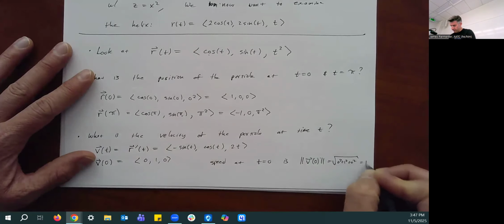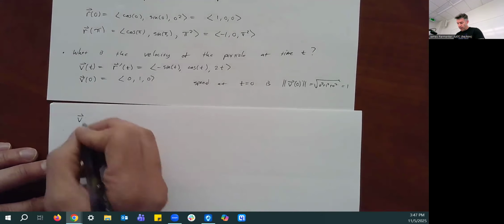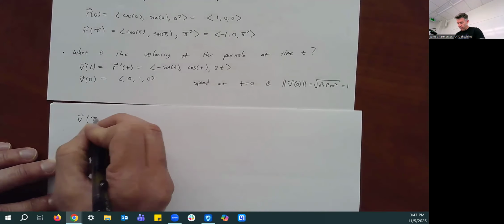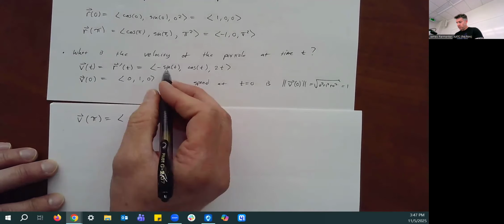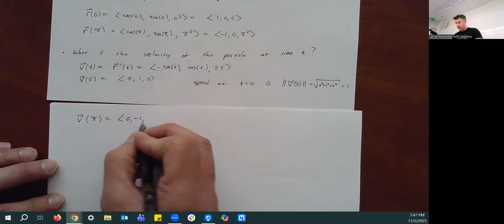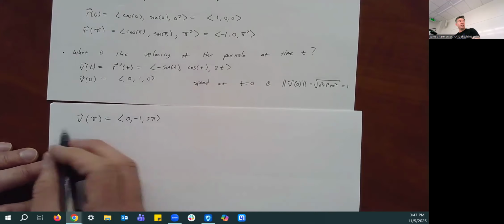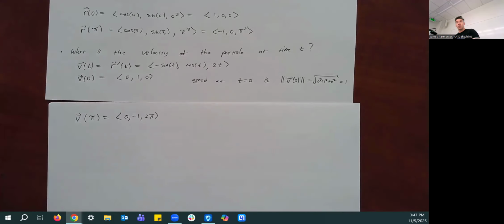which is just 1. On the other hand, if I want to know the velocity when time is equal to pi, I get velocity of pi equal to negative sine of pi, which is 0, cosine of pi, which is -1, and 2 times pi. And now the speed at this position is much larger.